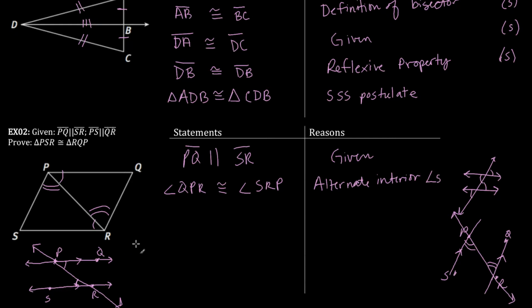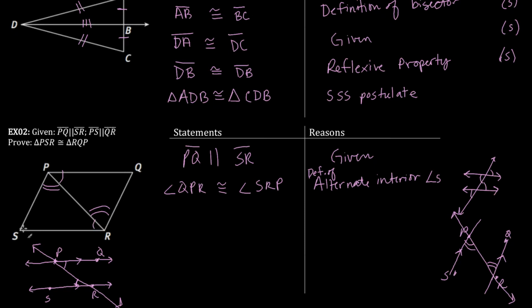Okay, let's see. We'll say definition of alternate interior angles, which is that they are opposite and they are congruent.